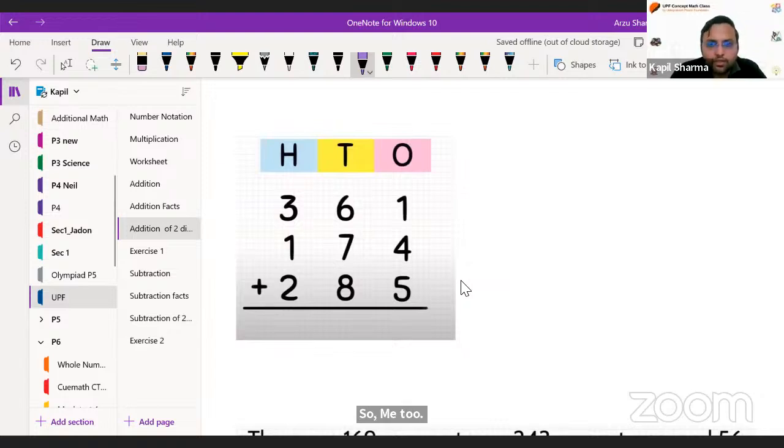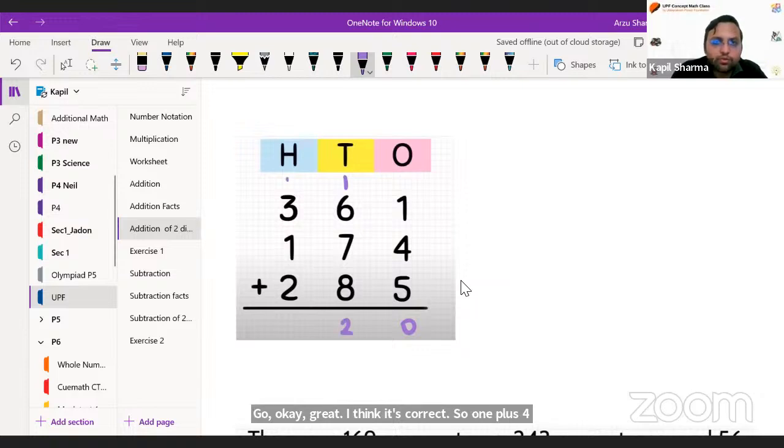Okay, great. I think it's correct. So 1 plus 4 plus 5 is 10, 0, 1 here, 7, 14, 22, 820.